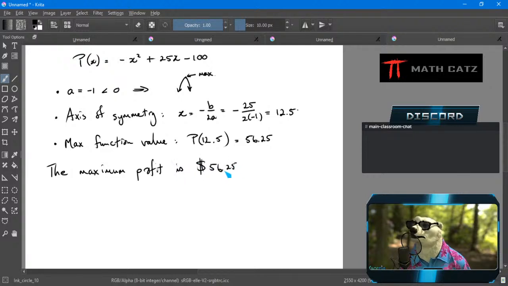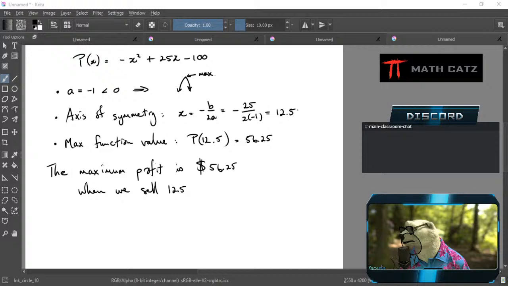Oh, who cares? 56.25 when they produce 12 and a half bottles. Now, of course, you can decide, okay, 12 or 13. We're just doing the analysis, forgetting the practical aspect of it. Of course, you have to round these numbers because you can't sell half a bottle. Maybe you can, depends.